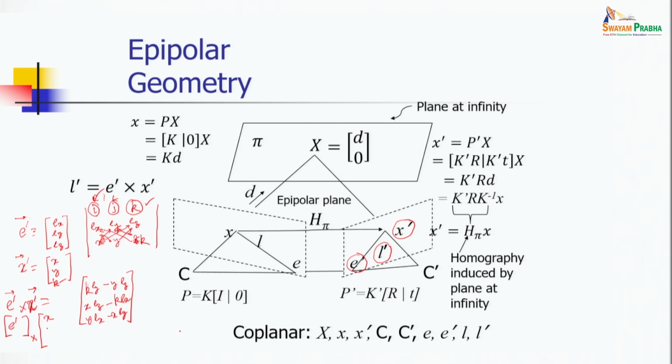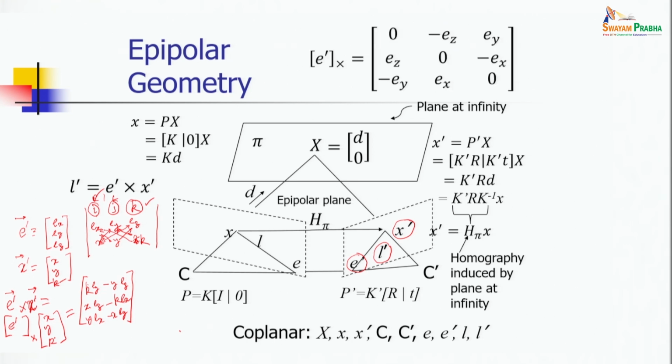So E prime cross x, y, k should be giving this one. So you can see that if I take E prime cross as this particular form, then I multiply this with x, y, k.